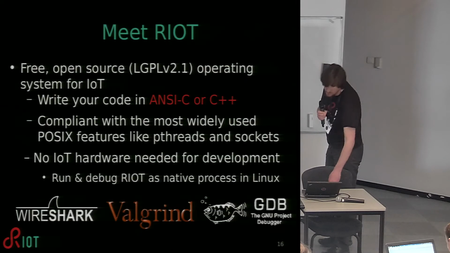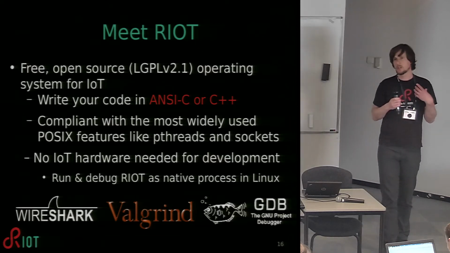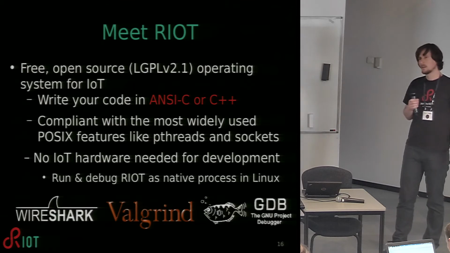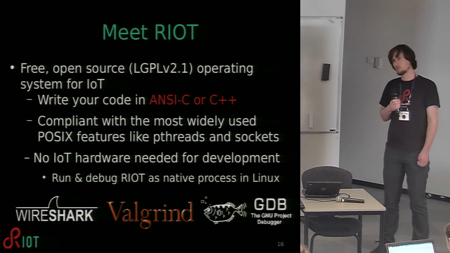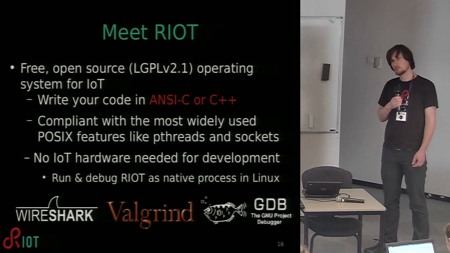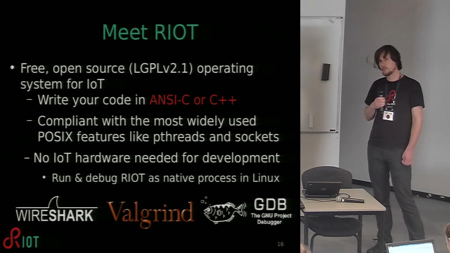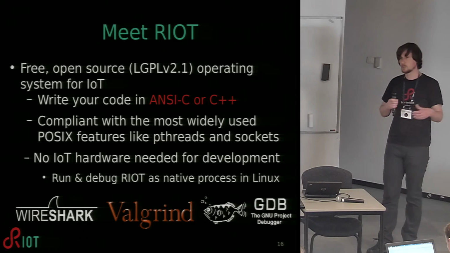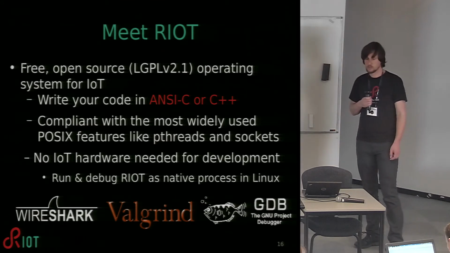And let's look at how we try to tackle these challenges with RIOT. Obviously, RIOT is an open source project, licensed under LGPL, which makes it possible for companies to build their applications or maybe even closed-source drivers on top of RIOT, but RIOT itself, the operating system with all its features, will stay open source.